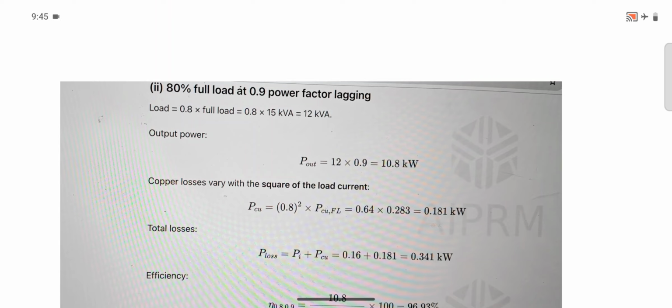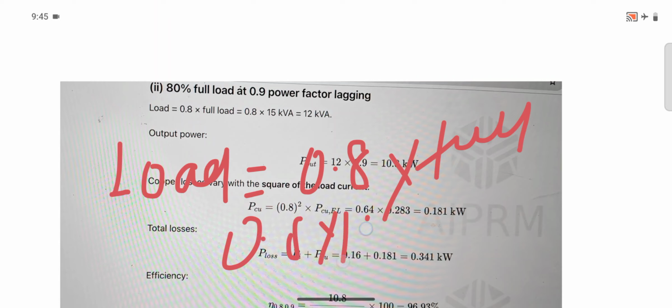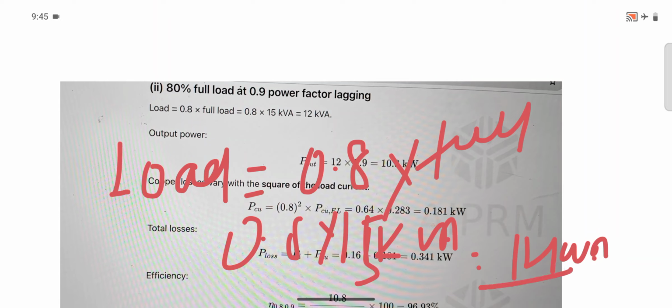Now the load is equal to 0.8, which is given, into full load. Full load is 15 kilovolt ampere, so 0.8 into 15 gives 12 kilovolt ampere. This is our load.